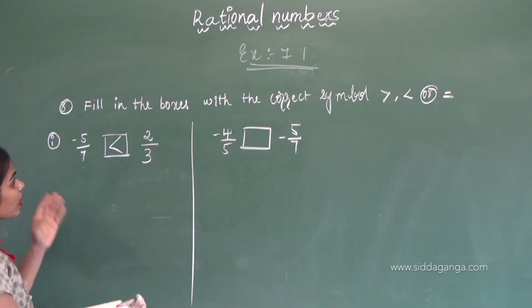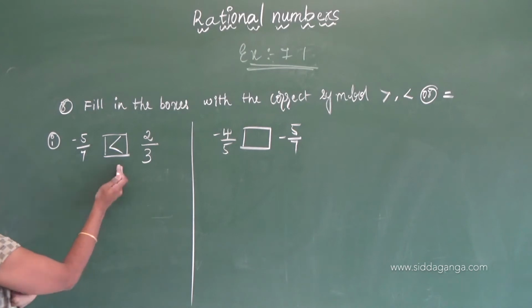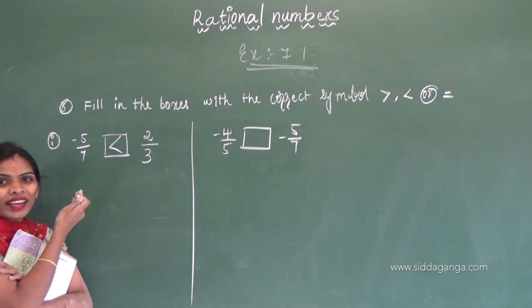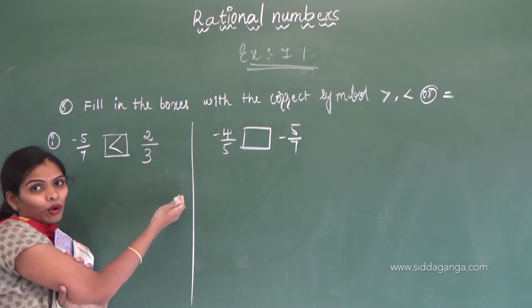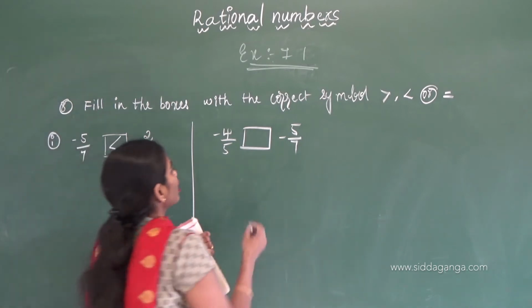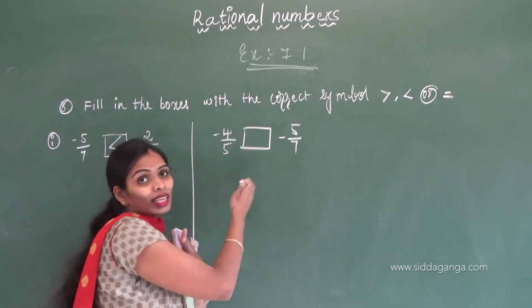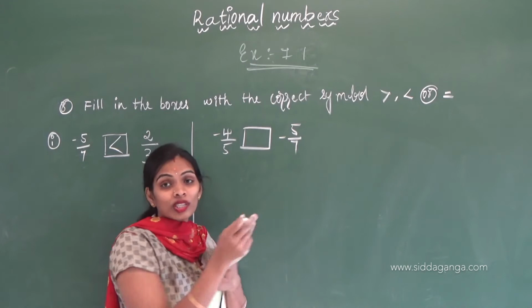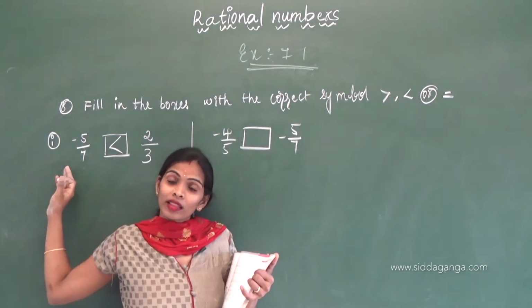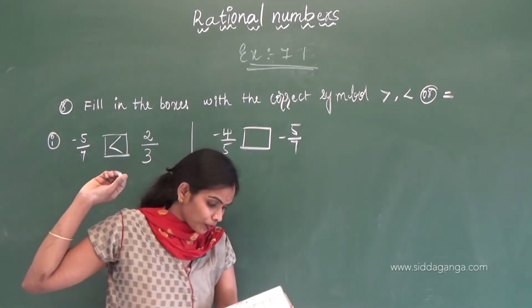Otherwise, this one will be to the left of 0 and this one will be to the right of 0. Negative is always less than positive. That's why I am keeping the less than symbol there. Here, if you see this one, these two are negative. Just with the explanation, less than, and you have to write the reason there with an explanation.